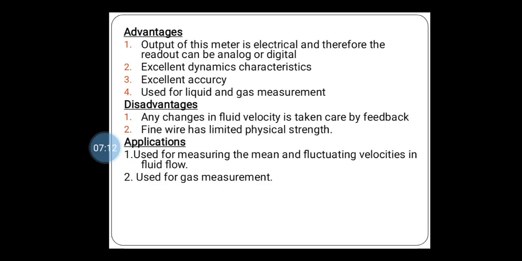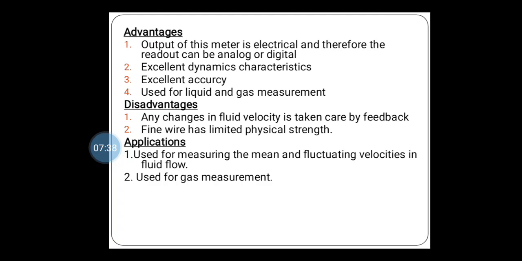Now there are some disadvantages or limitations. First, any change in the fluid velocity is taken care of by feedback. A fine wire has limited physical strength. The circuit is complex and complicated and needs skilled operators.